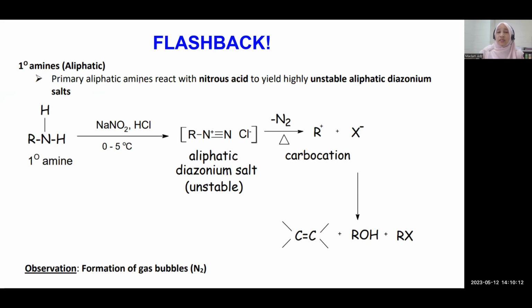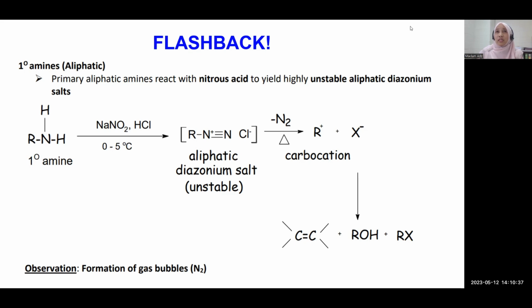So primary amines, kalau dia react with nitrous acid, okay, so it will yield a very highly unstable aliphatic diazonium salt. Okay, kalau kita tengok dekat sini, dia memang garam tu tak stable. So it does not need to be above 5 degrees Celsius, it will not be stable. Okay, so dia memang tak stable at any temperature pun sebenarnya.